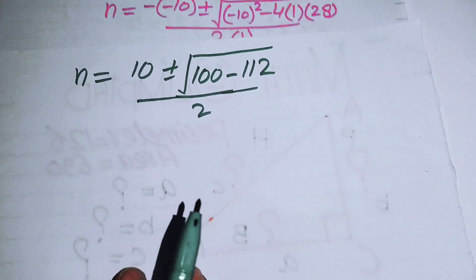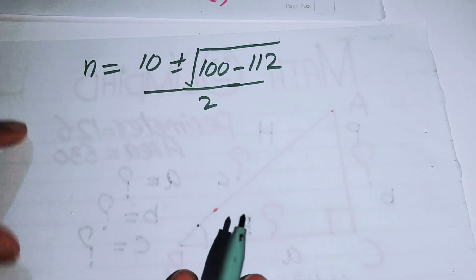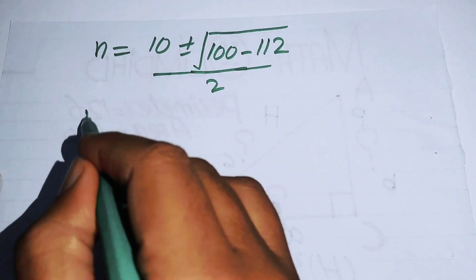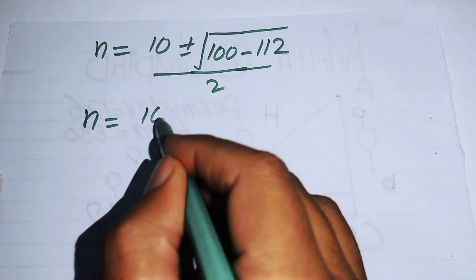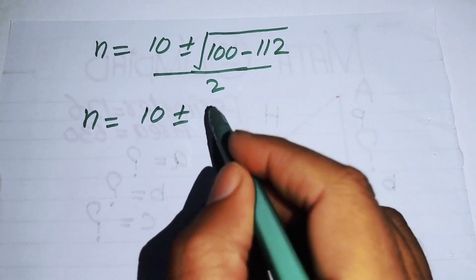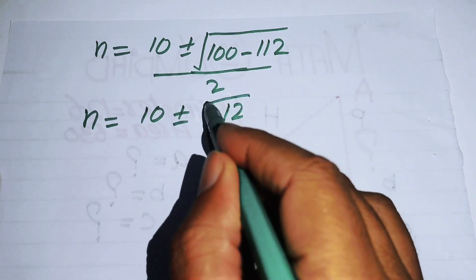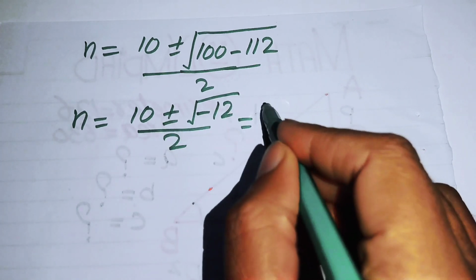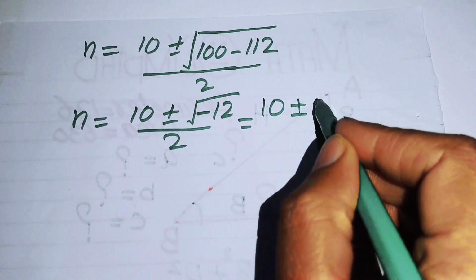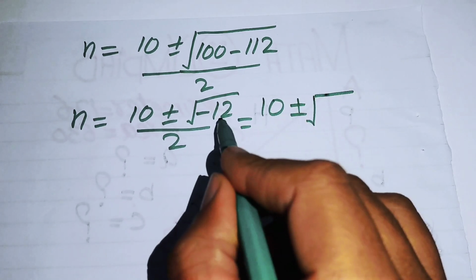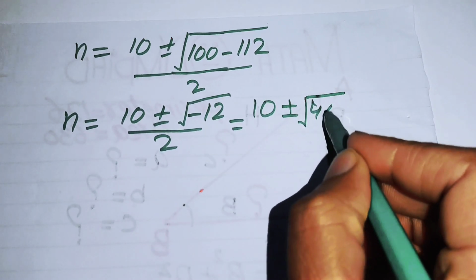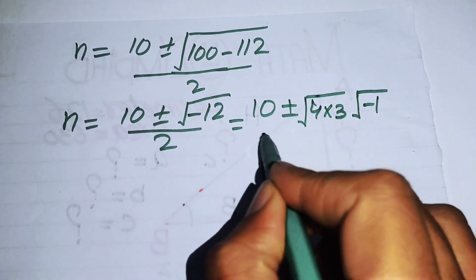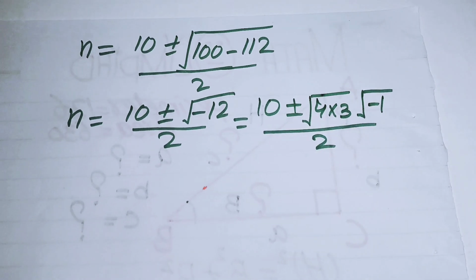So in the next step we will simplify this equation, and we move towards our final answer. And you have n equals 10 plus or minus the square root of 100 minus 112 equals minus 12, over 2. So here we again rewrite this equation as 10 plus or minus the square root of 12, and we write it as 4 times 3, and we will separate the square root of minus 1, and this whole over 2.